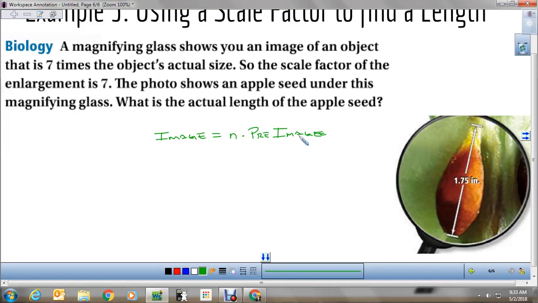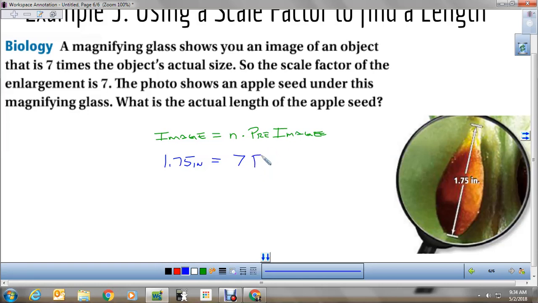We had 2 ways to do our scale factor, and this is one of them that we looked at earlier. So let's put in the information that we have. The image, as it's blown up, is going to be 1.75 inches. Our scale factor is an enlargement of 7, times our pre-image.